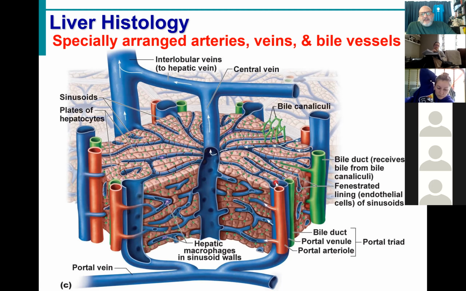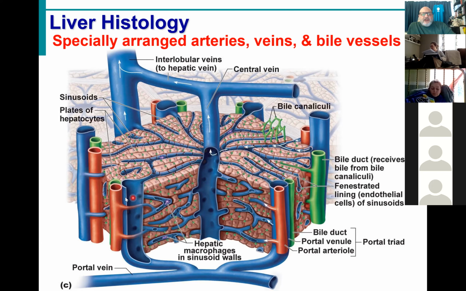The portal vein feeds nutrient-rich blood into the sinusoid capillaries. And notice the sinusoid capillaries are just surrounded by rows and rows and rows of hepatocytes. Notice here, anchored to the wall of our sinusoid capillary, we have one of those Kupffer cells we talked about.